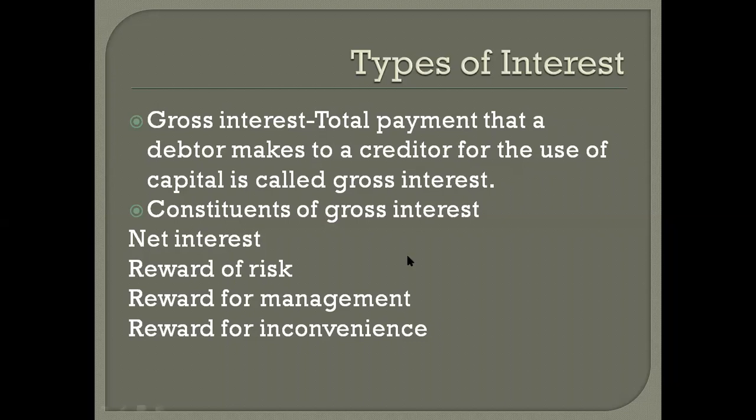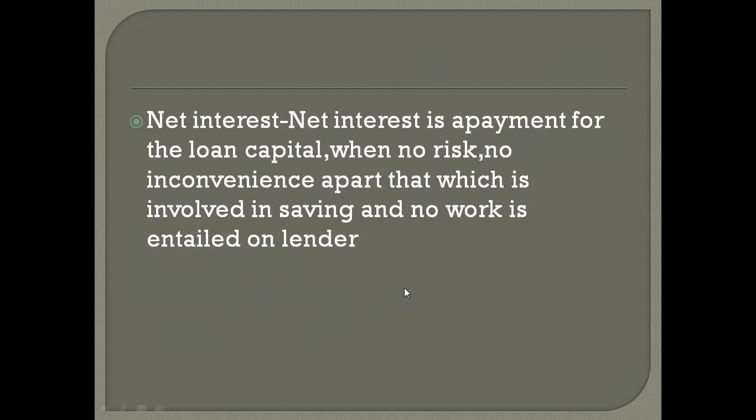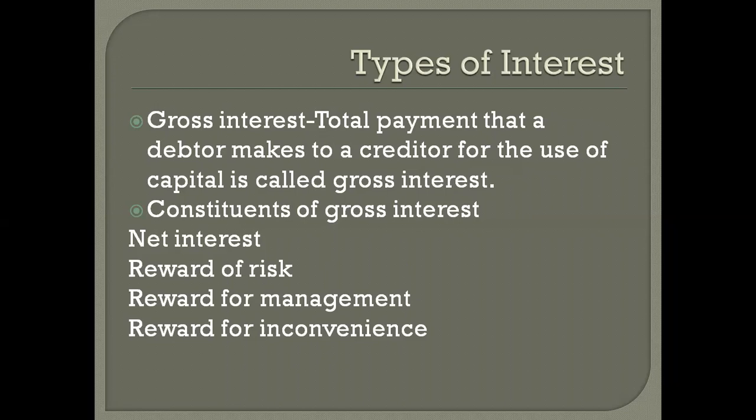Now we have reward for management. Obviously the creditor has to maintain proper accounts, because that person gives loans not to you only but to n number of persons, say 4, 5, 6, 7, 8, so he can't remember the transaction of each and every person.